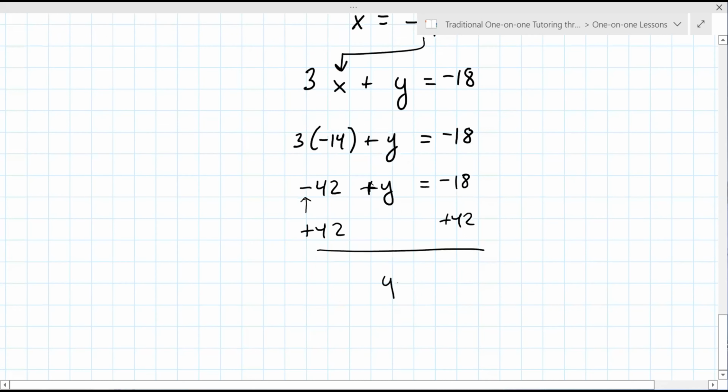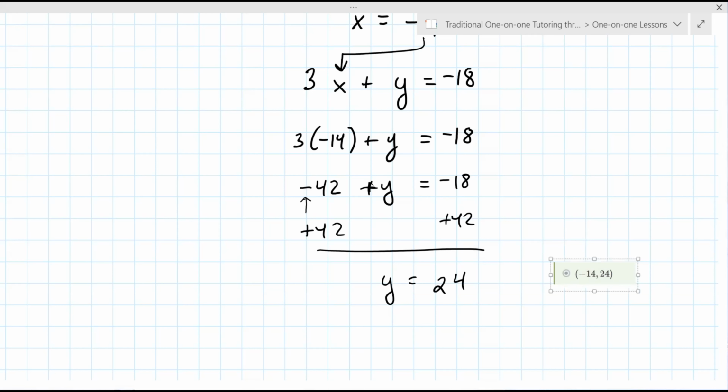Which means Y equals 24, sorry, 24. So you actually had the correct answer when you did this today. So there's your correct answer for number 1.